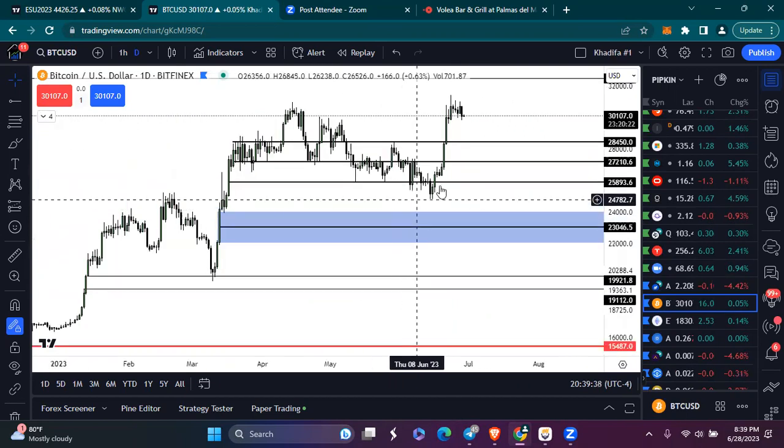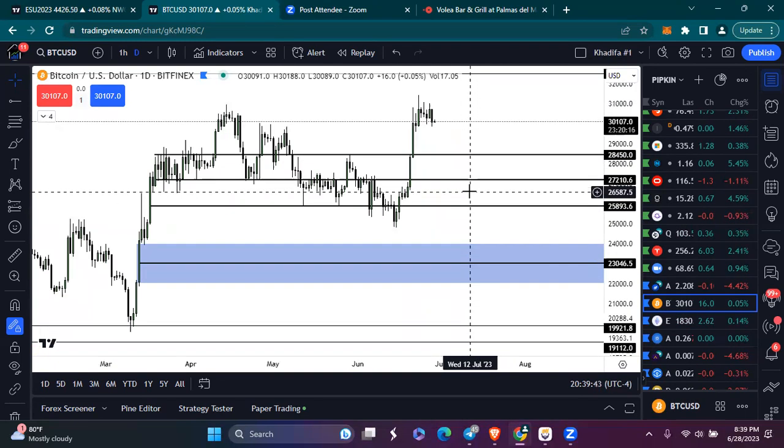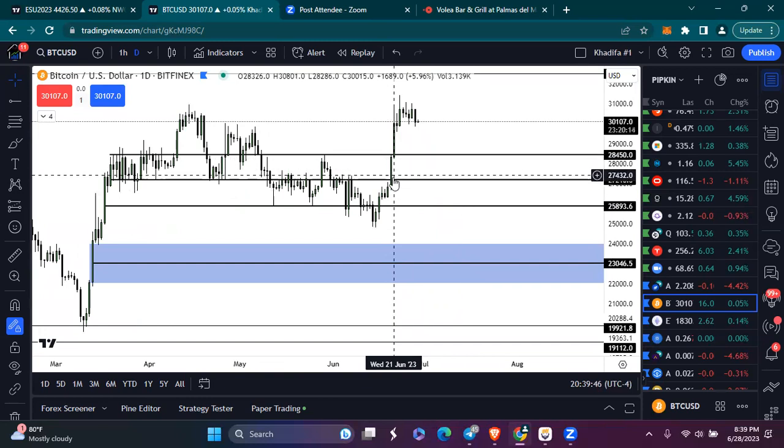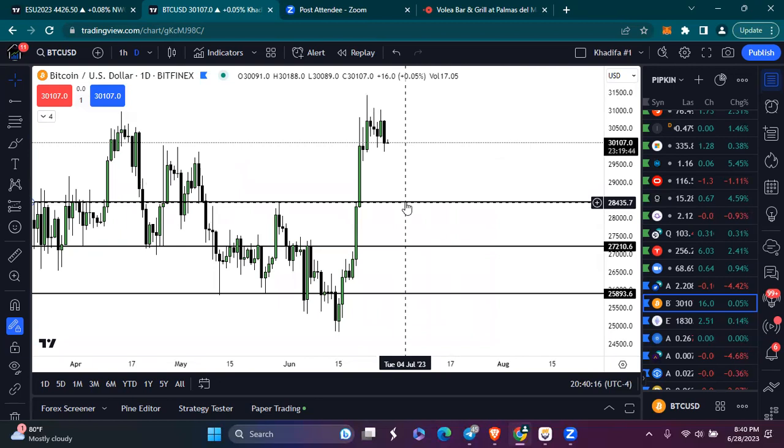If we do go below 28,000, this is 28,480, let's just call it 28,500. If we go below there, we're falling down into this imbalance, this structure. You have to see if we hold that. But I don't want to see us fall below here.